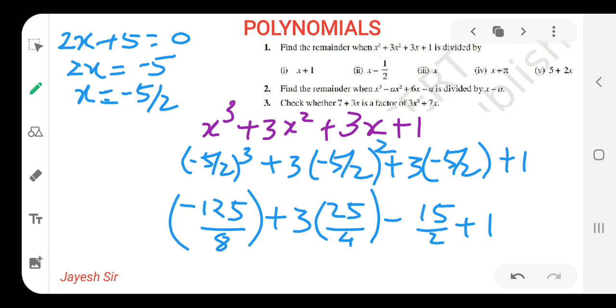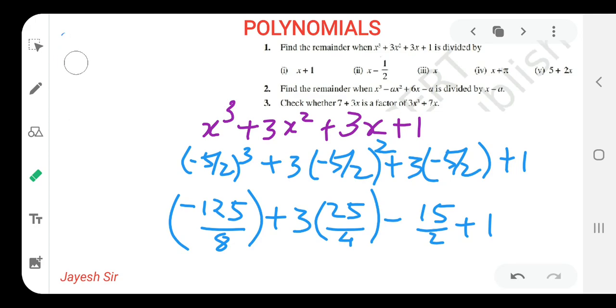We are getting 8, 4 and 2, as we have already solved and found the LCM of 8, 4 and 2. I hope now you all might be able to solve and get the LCM as 8. So what will we be getting? We are getting the LCM as 8. In the first step we are already having the value in denominator as 8.